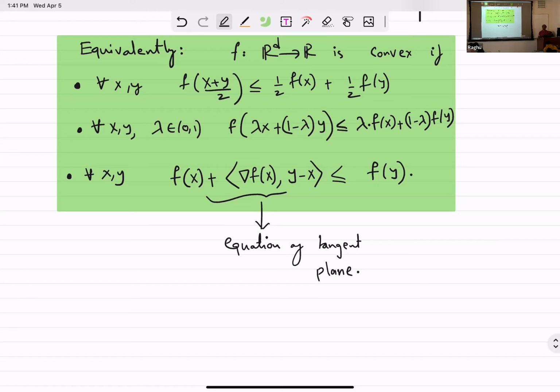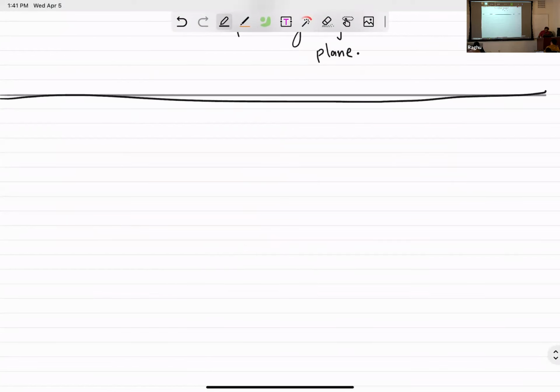So convexity has these properties. Are there many convex functions? Why are convex functions good? One of the reasons there are so many convex functions is that you can compose convex functions to get convex functions, as long as you do the composition in some nice way. Given convex functions, you can put them together to get new convex functions.